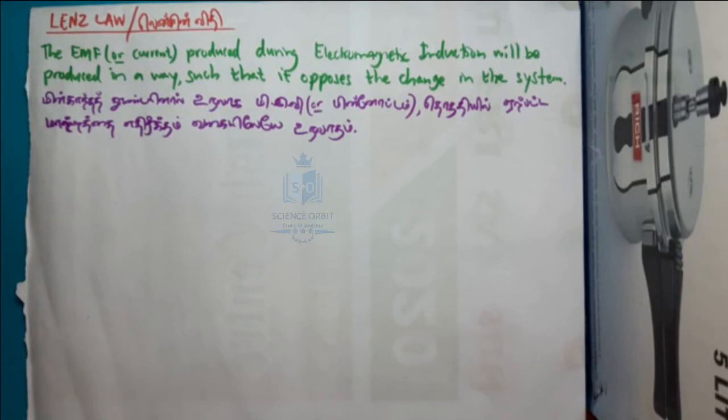Now we learned that if you want to produce an electromotive force, you need to create a change in the magnetic flux, d phi over dt. Now what is change? Change is either increasing or decreasing, right? So if you produced an EMF by increasing the magnetic flux, that means the EMF produced as a result of it will try to reduce the flux.